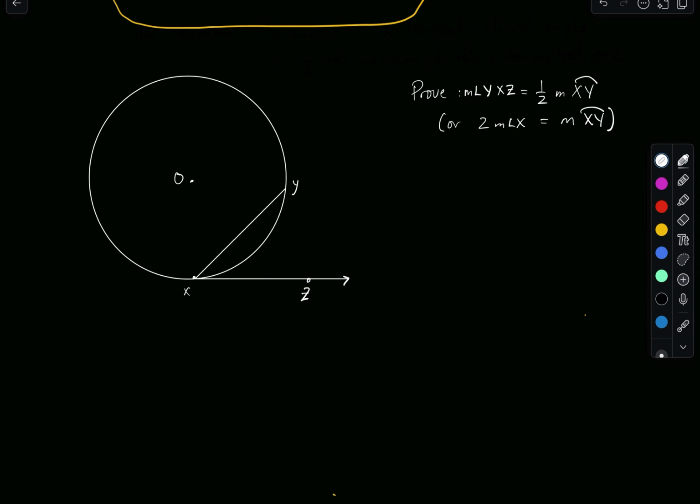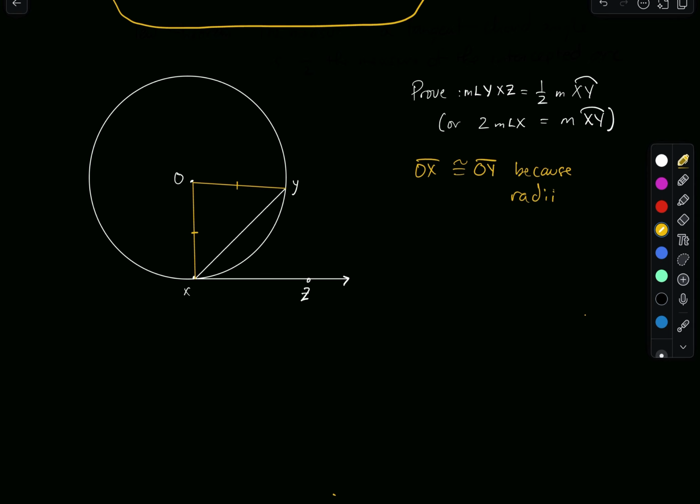Okay, so as is frequently the case, it is a good idea in this case to draw 2 radii, because I can always draw radii between points or segments between points. And then I know because they're radii, they are congruent. So I know that I have OX congruent to OY because they are radii.